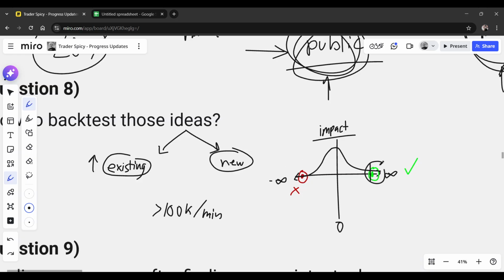The fact that they are extremes means it's rare to find something that will have an extremely positive or an extremely negative impact on your trading performance. And it's very easy to find stuff which will have very little, if not no, impact on your performance at all. I'm just getting that out of the way because we have to immediately accept the harsh reality that most of the ideas that we test probably will not lead somewhere.